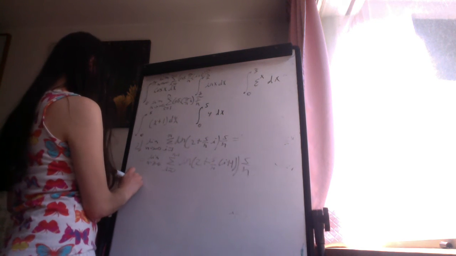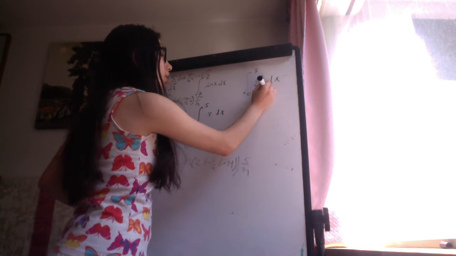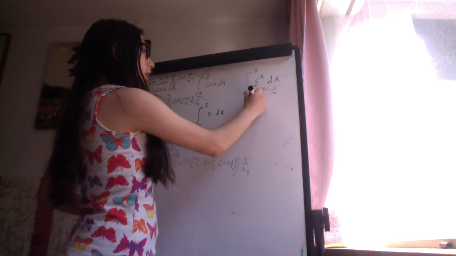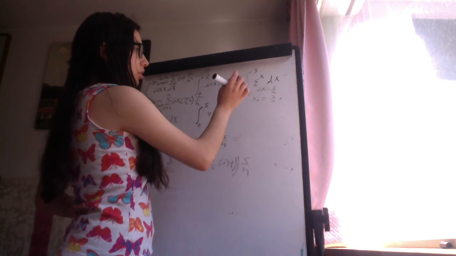Now the third one is, again, our delta x. Delta x is 3 over n. x sub i is 3 over n times i, because here a is just 0.